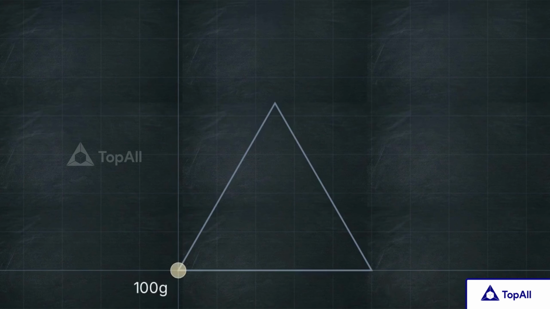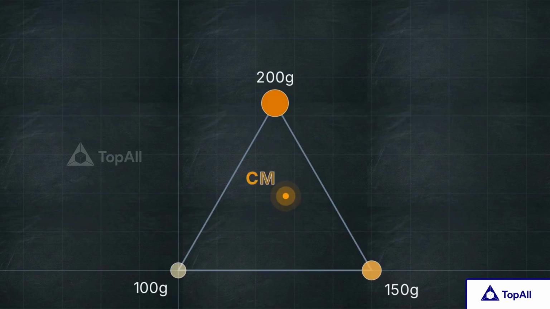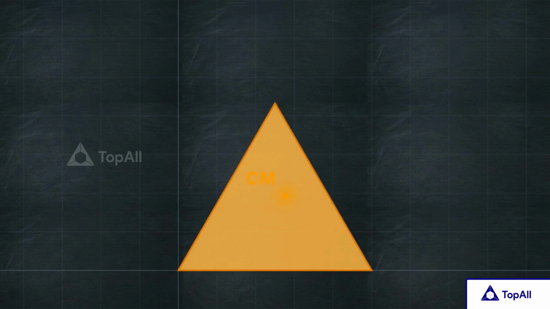This diagram shows a non-uniform two-dimensional shape, an equilateral triangle with 100-gram, 150-gram, and 200-gram masses at its vertices. The calculated center of mass lands closer to the 200-gram vertex, missing the geometric center. Compare that to a solid, uniform triangular plate. By drawing three medians from the vertices to the opposite midpoints, we locate the geometric centroid.